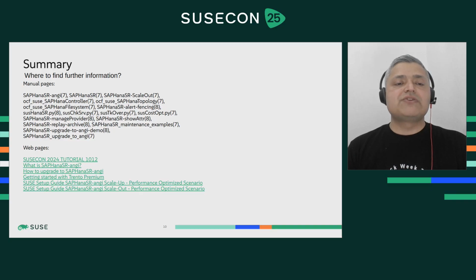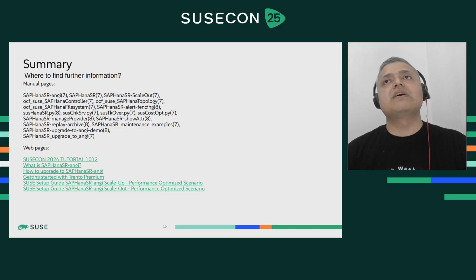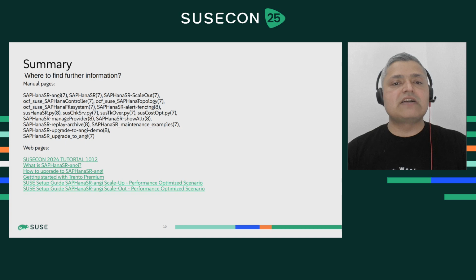There are many manual pages related to different resource agents and different tools. For example, you can see the new manual pages for the SAP HANA file system, for SAP HANA SR alert fencing, and for different hooks.